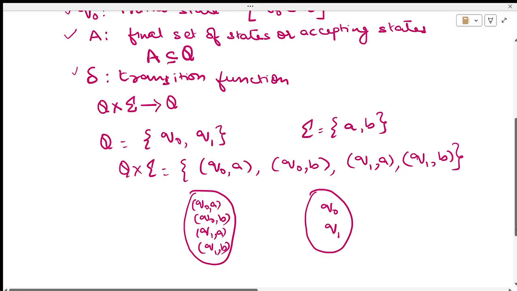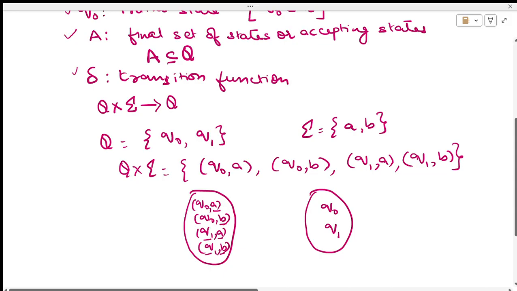So what we are trying to explain is that the transition function in deterministic finite automata requires that we show the transition from every state. Suppose Q naught is the state. For Q naught we need to show the transition for A as well as B. For Q1 we have to show the transition for A as well as B, and that too exactly once.